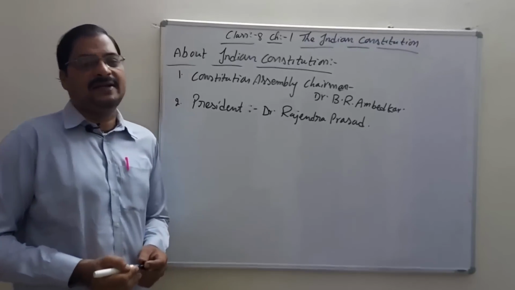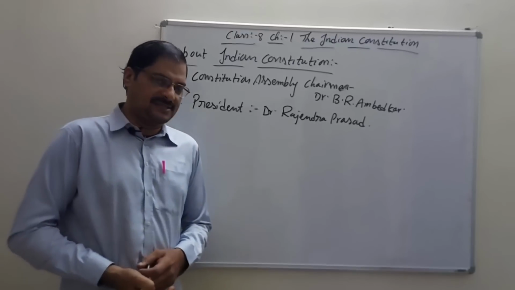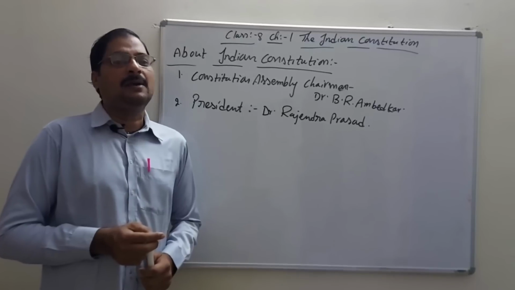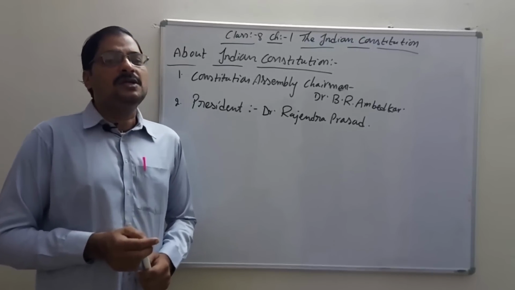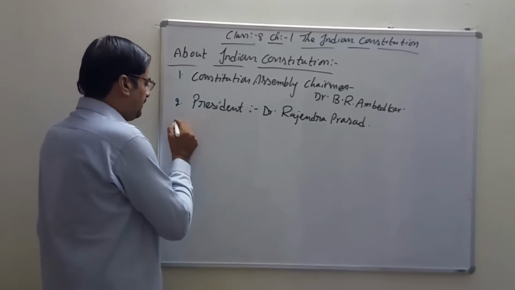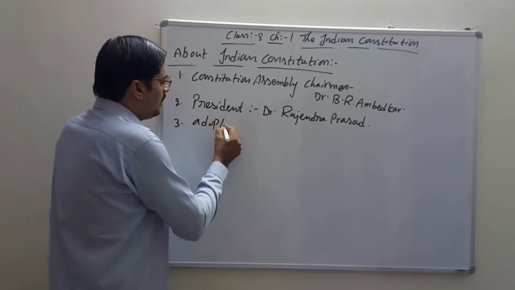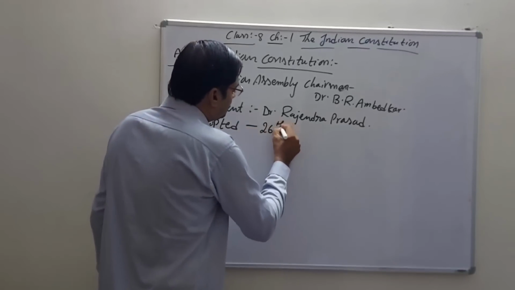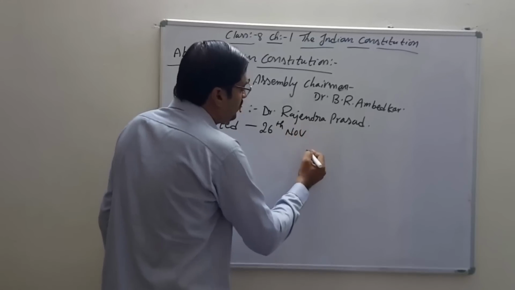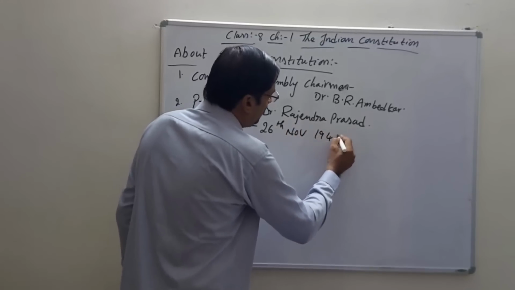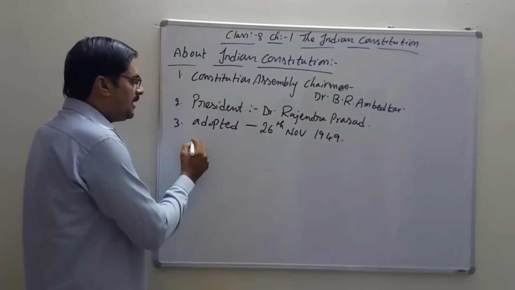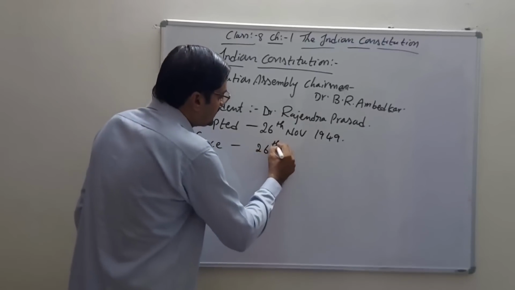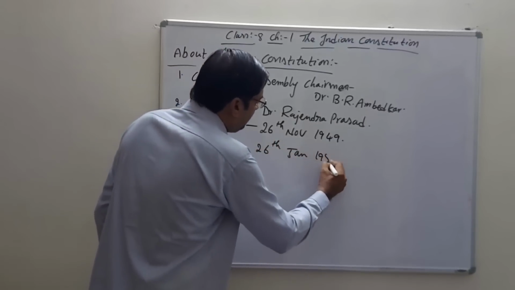When did it start? Actually it started in the year 1946. There are two things: the adopted date and coming into force. The Indian Constitution was adopted on 26th November 1949, and came into force on 26th January 1950.